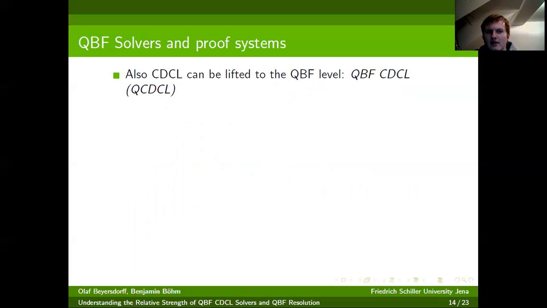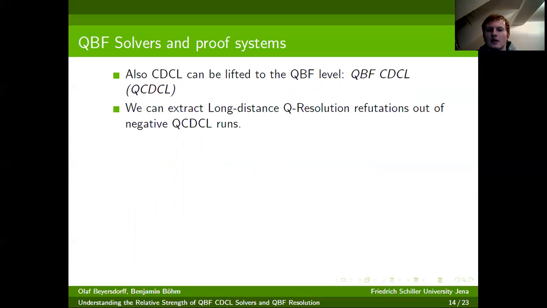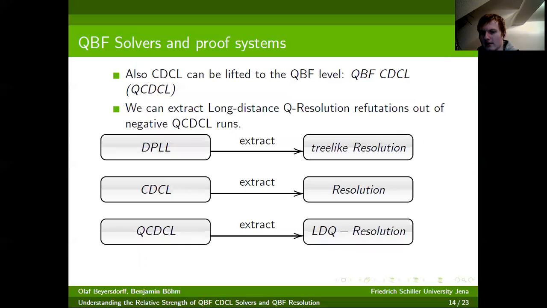And as with resolution, CDCL can also be lifted to the QBF level, which is called QBF CDCL, or QCDCL. It was proven that we can extract long-distance Q-resolution refutations out of negative QCDCL runs.